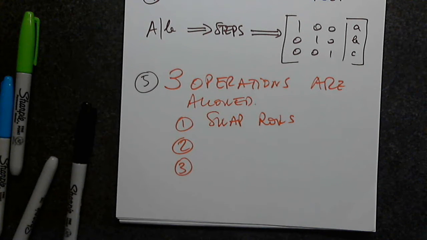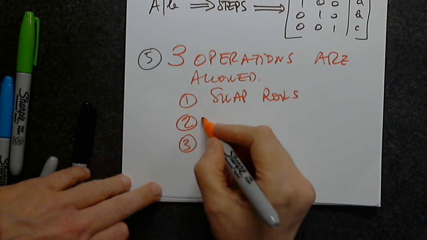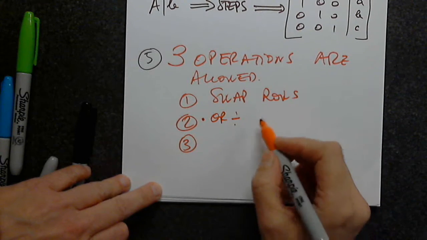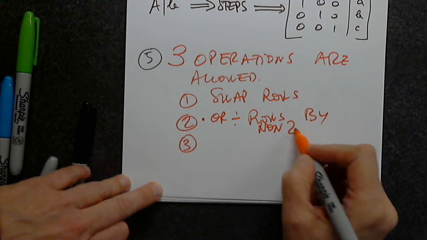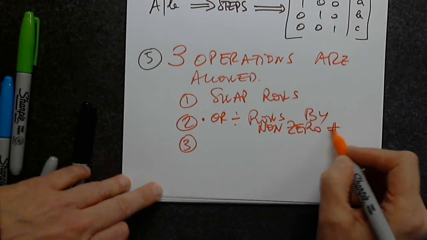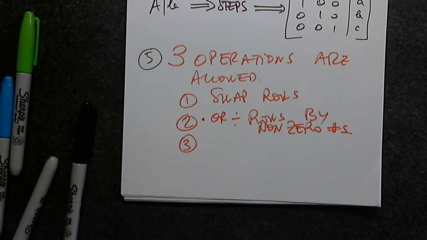Which makes sense. It's an equation, right? So multiply or divide rows by non-zero numbers. I cannot multiply by 0, I cannot divide by 0. But if I need to, I can divide or multiply by 5 or divide by 3.